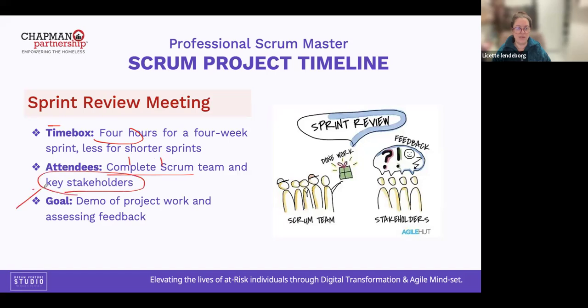That is an additional group. Key stakeholders. What is the goal of the sprint review? It's to demonstrate the work that we just finished at the end of this sprint. It's showing the done work. The Scrum team is showing it to the stakeholders, and they are supposed to provide feedback.